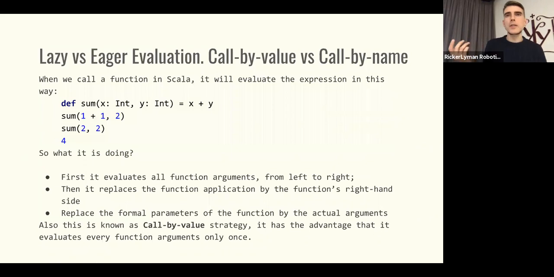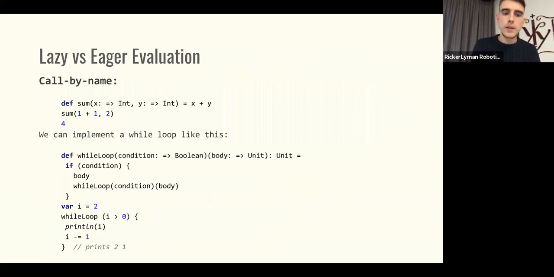And there is another thing named call by name in Scala, and there is a special syntax for that kind of argument. Whenever you want your argument not to be evaluated right at the moment of passing to the function, you just add this arrow and colon. So this is kind of function-like syntax.